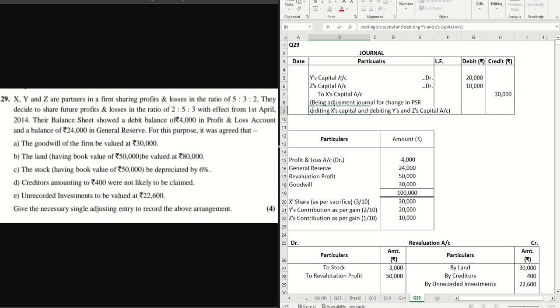Okay, so this becomes the journal, this becomes the answer.